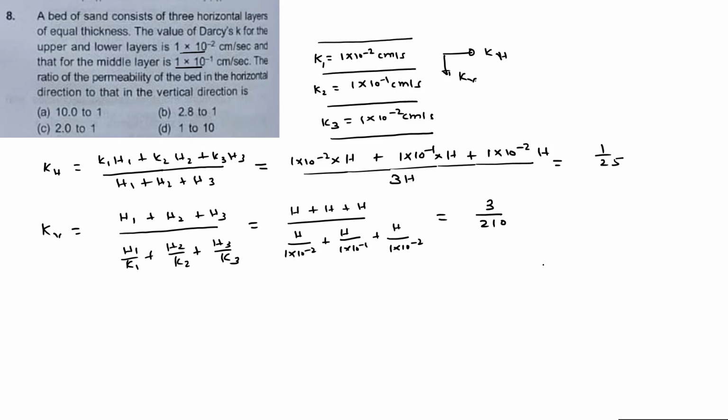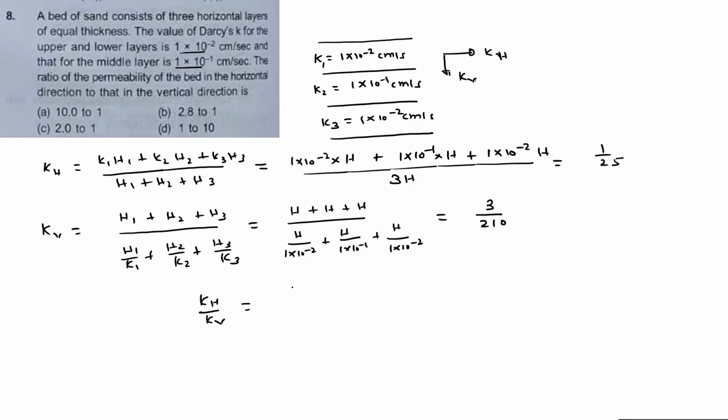Now we have to calculate the ratio of permeability of the bed in the horizontal direction to that in the vertical direction, so we have to calculate Kh by Kv.